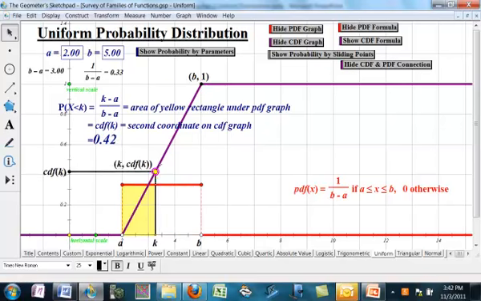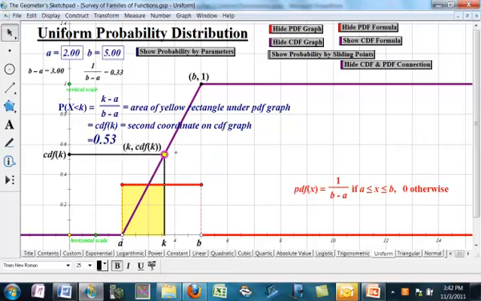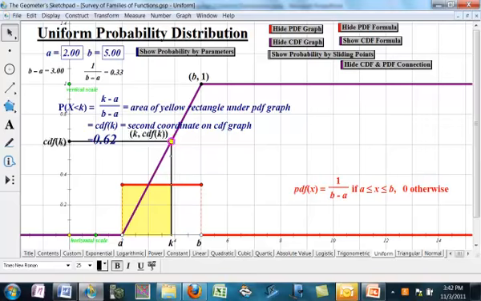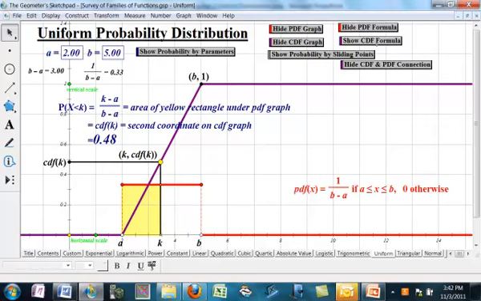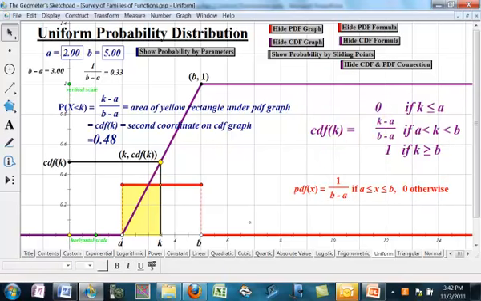So hopefully you get to see the connection here dynamically between the area and the height. And of course then the CDF formula turns out to be this. CDF of some k value is k minus a over b minus a for k between a and b, and if k is less than a, it's 0, and if it's bigger than b, it's 1.